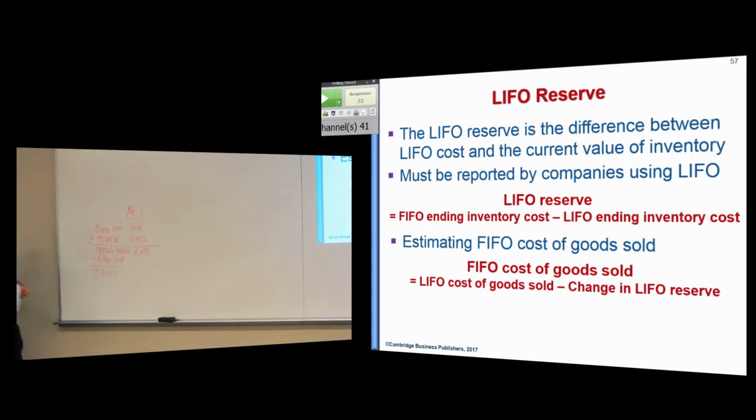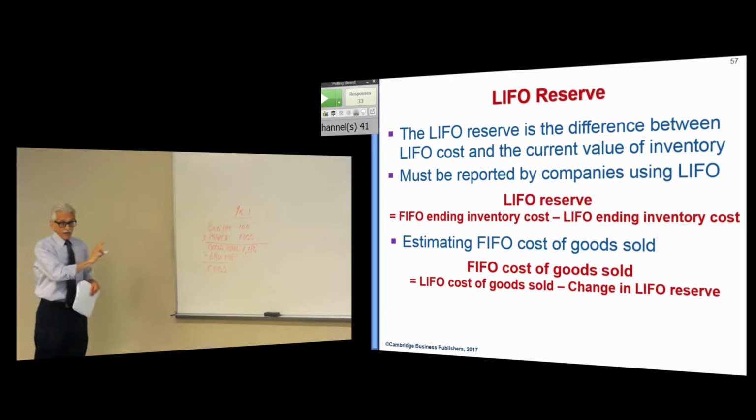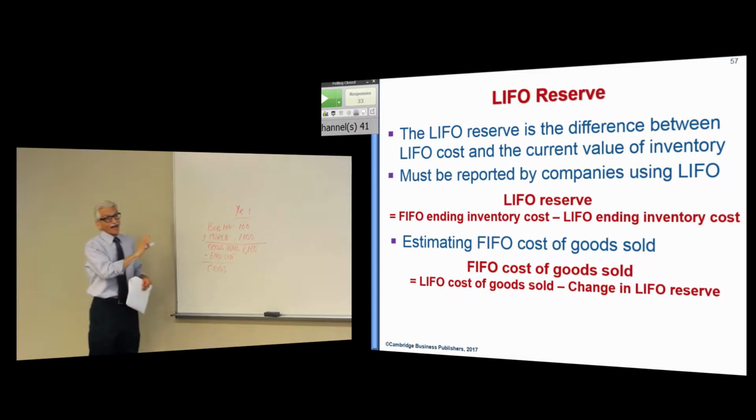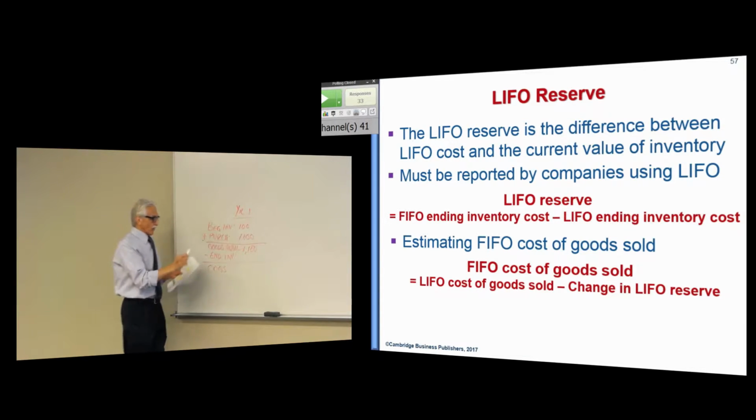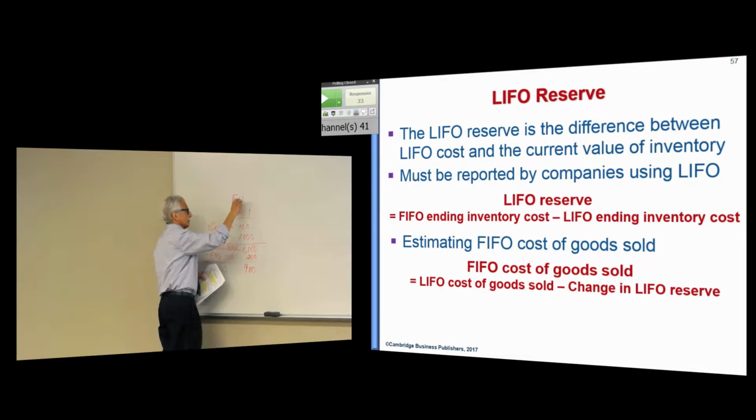All right, so you start the year off with 100 units, $100. I'll get to the valuation in a second. You buy 1,000. You have 1,100 available, and the ending inventory is 200. And cost of goods sold is 900. And that's the FIFO basis.